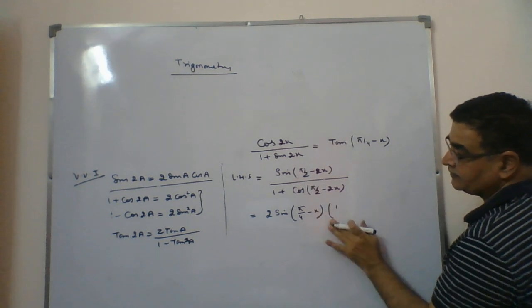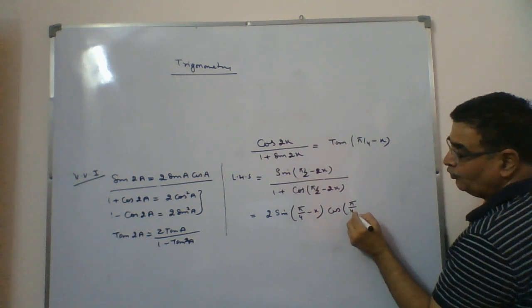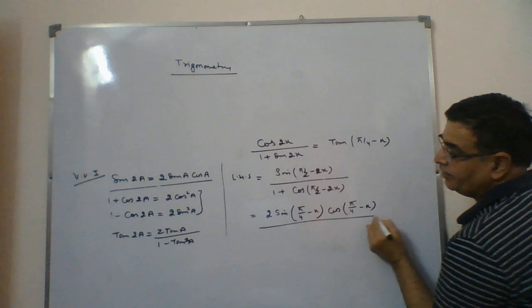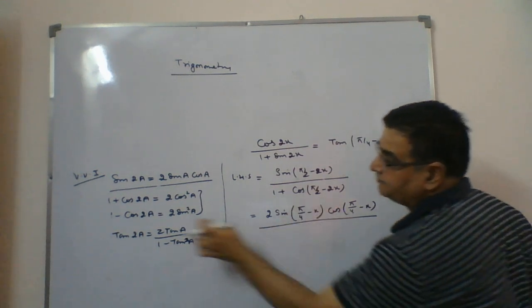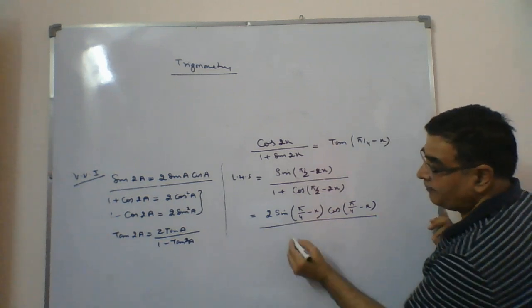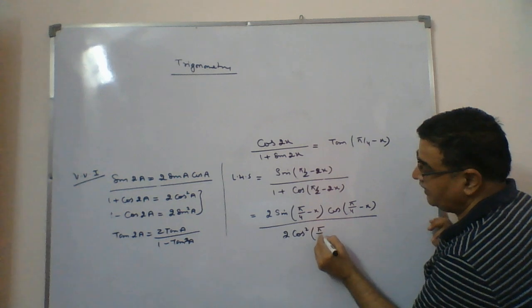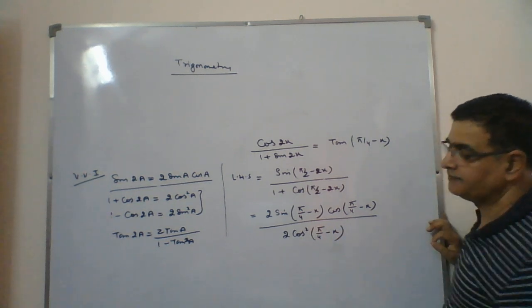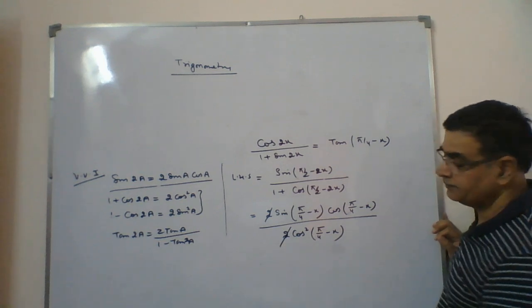This will be cos again, pi by 4 minus x, whole divided by 1 plus cos 2 theta. Here it is. It comes out to be 2 cos square pi by 4 minus x. Now this 2 and 2 cancel out.